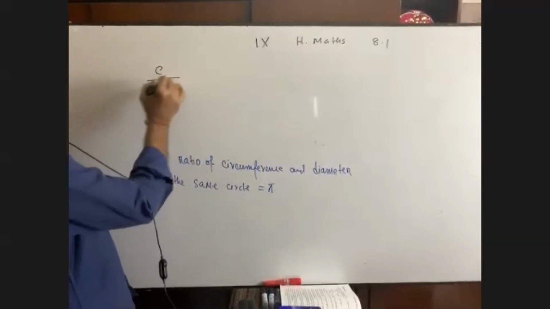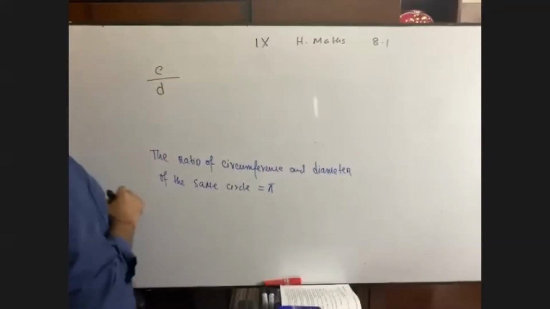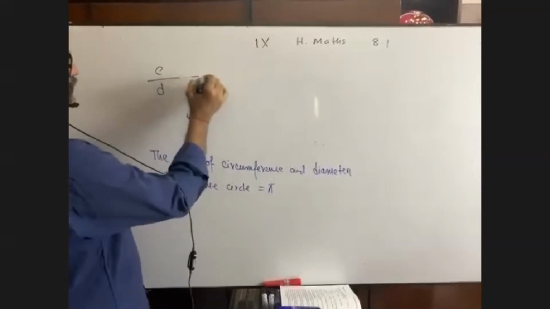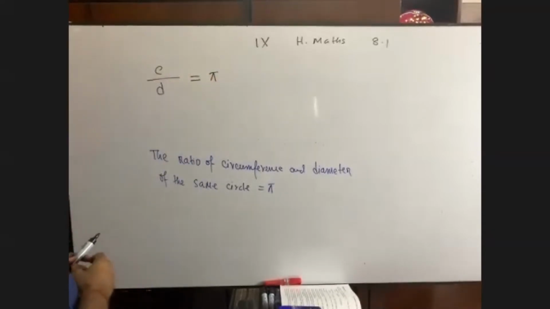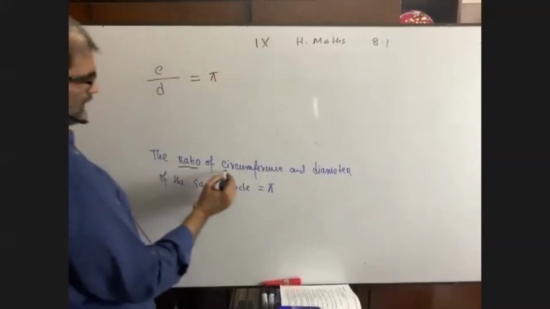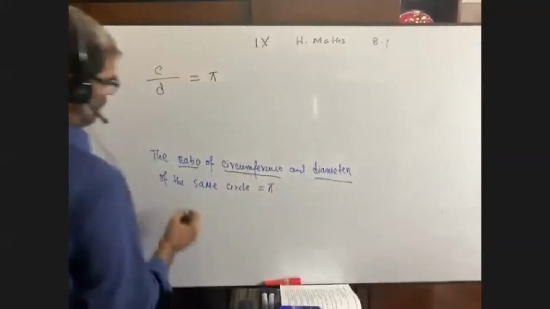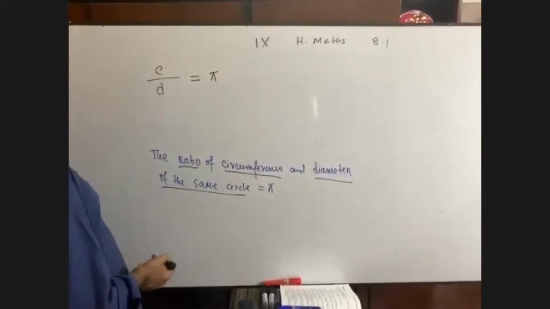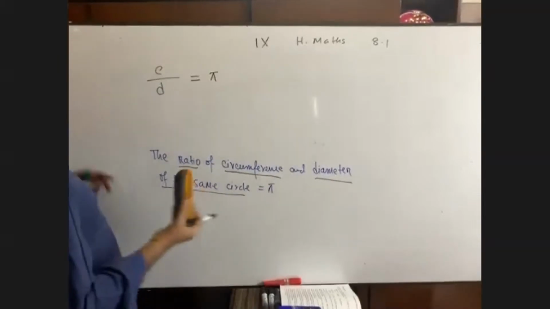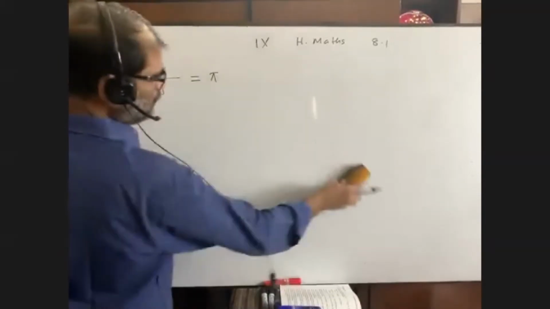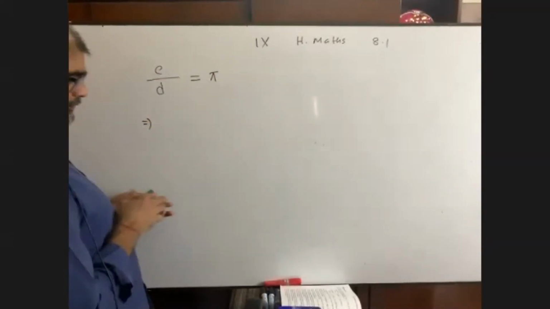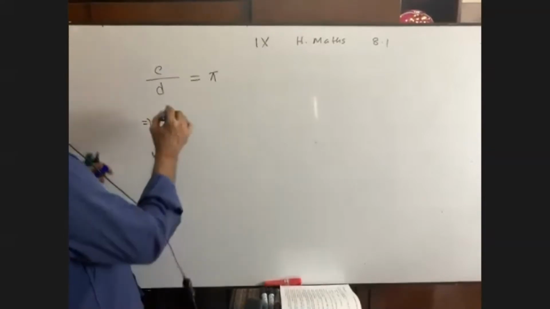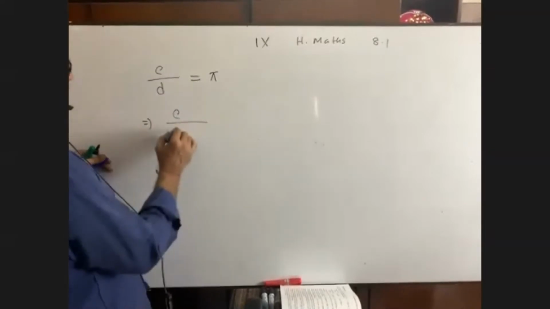Circumference by diameter, right? Is it equal to what? Pi. I told you, right? The ratio of circumference and diameter of the same circle is pi. We all know that diameter is twice the radius.